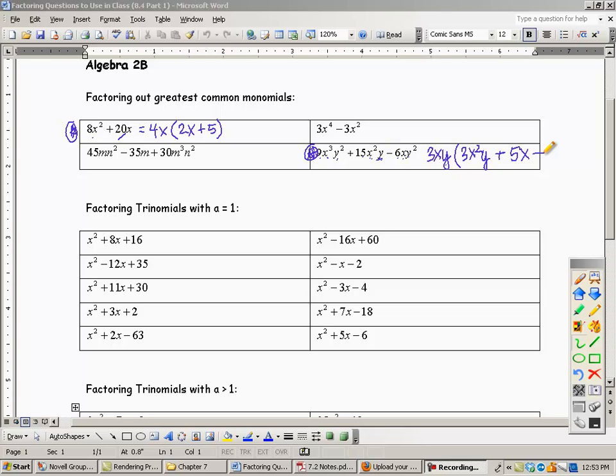Minus 3 times 2 gets me 6. I took the x out, and I had 2 y's. If I only took 1 y out, I have 1 y left. And so this is the idea of factoring out a greatest common factor, or the greatest common monomial, is basically what can you take out of each of them and what would be left if you took that out. So that's the first type.